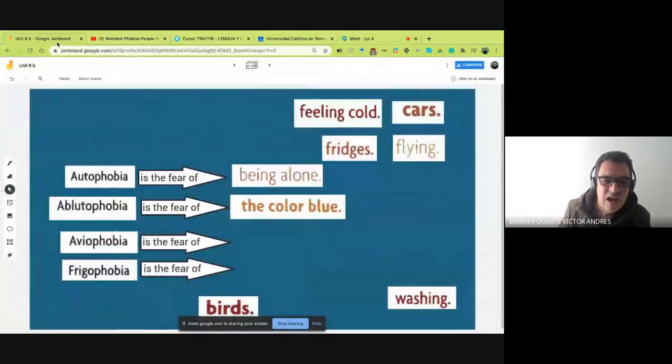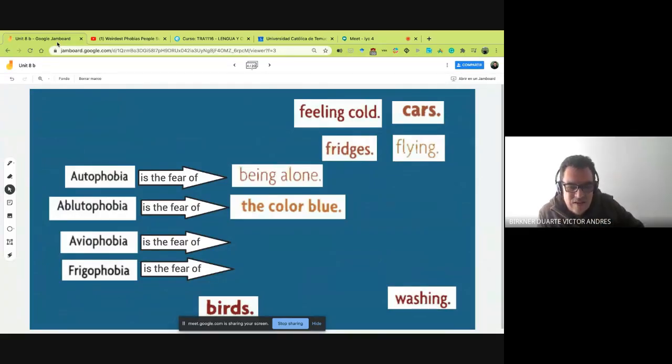And then aviophobia. What do you think aviophobia is? Is the fear of what? The fear of feeling cold, the fear of cars, fridges, flying, washing, or birds?